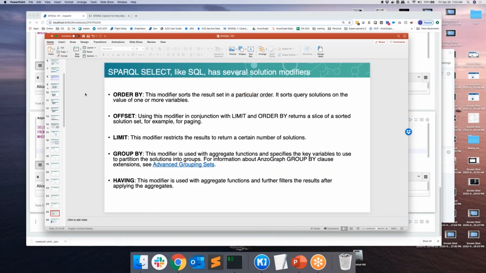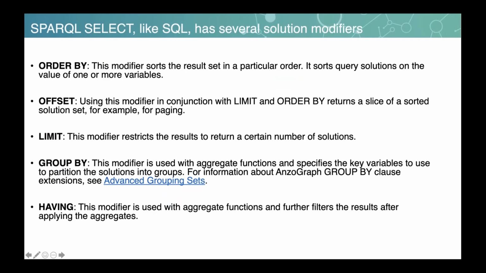So like SQL, SPARQL has several solution modifiers, and a solution modifier allows you to do things like order bys, group bys, havings, limits, offset. These are things that modify the overall solution.